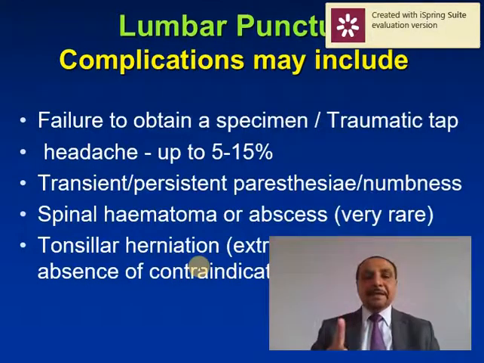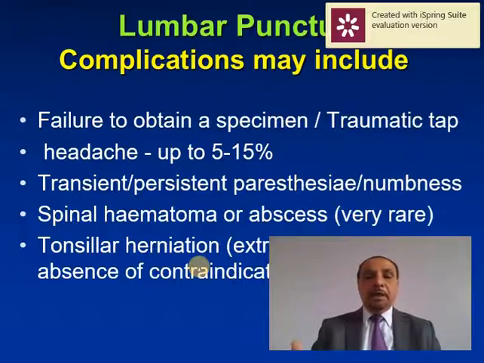There can be transient or persistent paresthesia and numbness, and this is very important. Sometimes we tell the patients or the watcher about that, but don't let them be afraid of the procedure, as they may refuse if you tell them it is common. Usually we tell them that in most cases there will be no complication, but sometimes simple things that fade away after that.